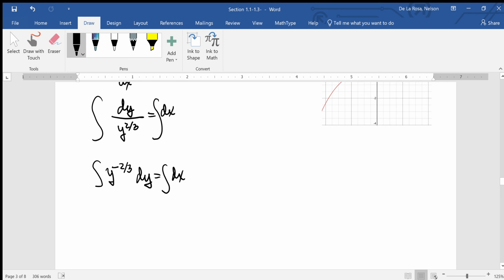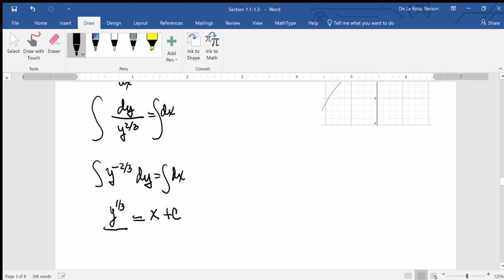Now, what is the integral of y to the negative 2/3 dy? Remember, we need to add one to negative 2/3. That is going to be y to the 1/3. And then the integral of dx is simply x. The integral of 1 is 1x plus some constant c, right? Anything missing on the left? Yes.